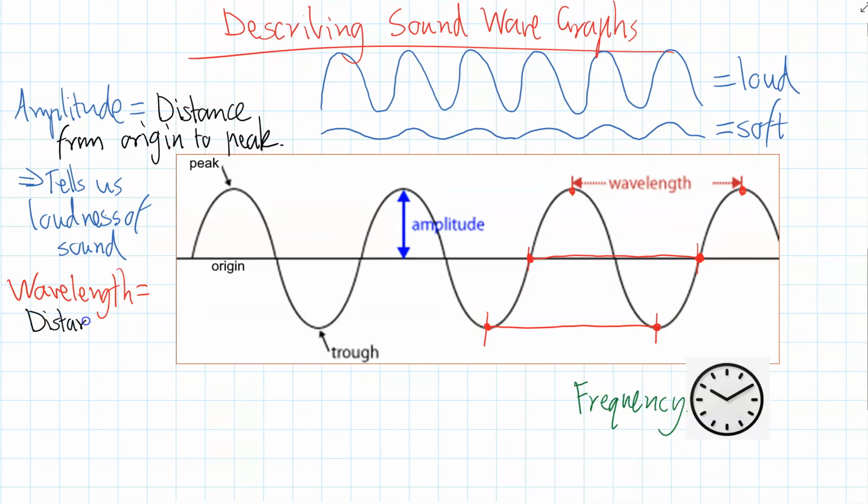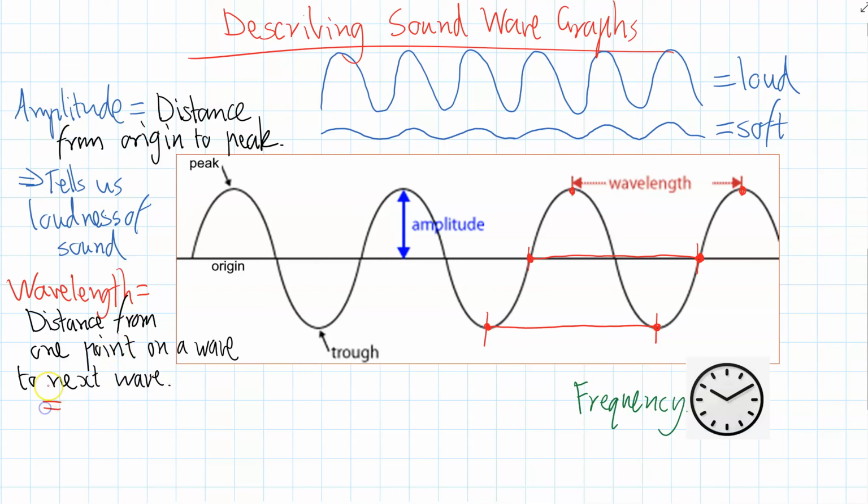So we can define it by saying it's the distance from one point in the wave to the same point but on the next wave. From one point on a wave to the next wave and the same point.